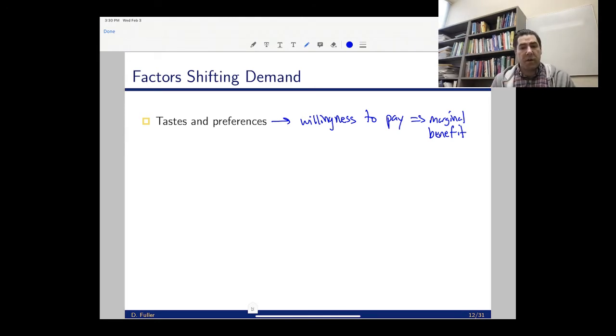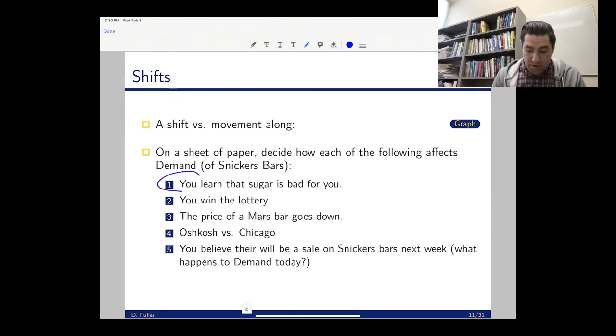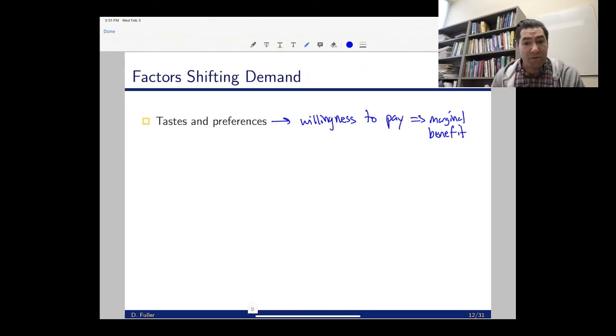So what is the benefit to me of consuming a Snickers bar? Well, that depends on my taste or preference for Snickers bars. If I learn, as we did back here, that sugar is bad for you, that's going to affect my preferences to eat Snickers.